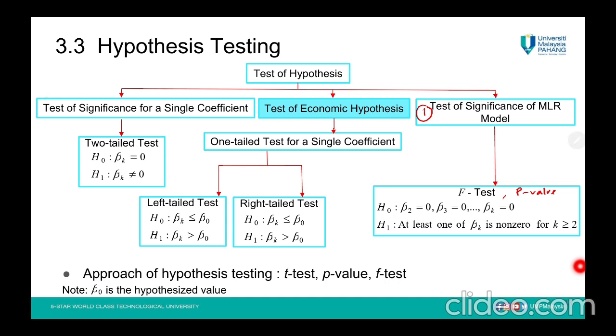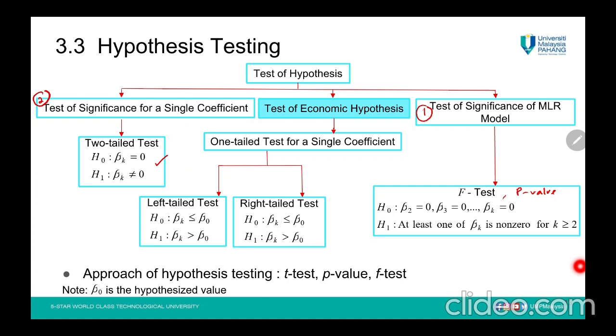For the test of significance for a single coefficient, the test is a two-tailed test where the H0 and H1 are given here.